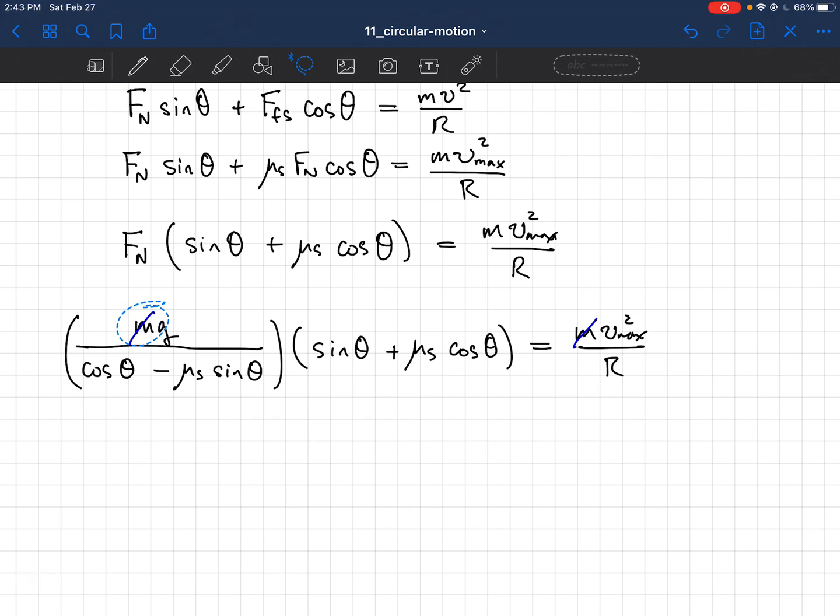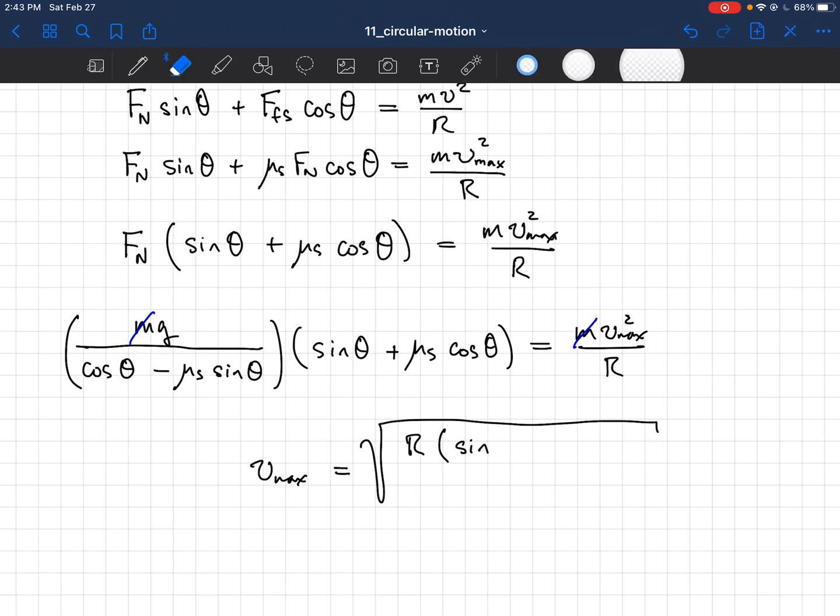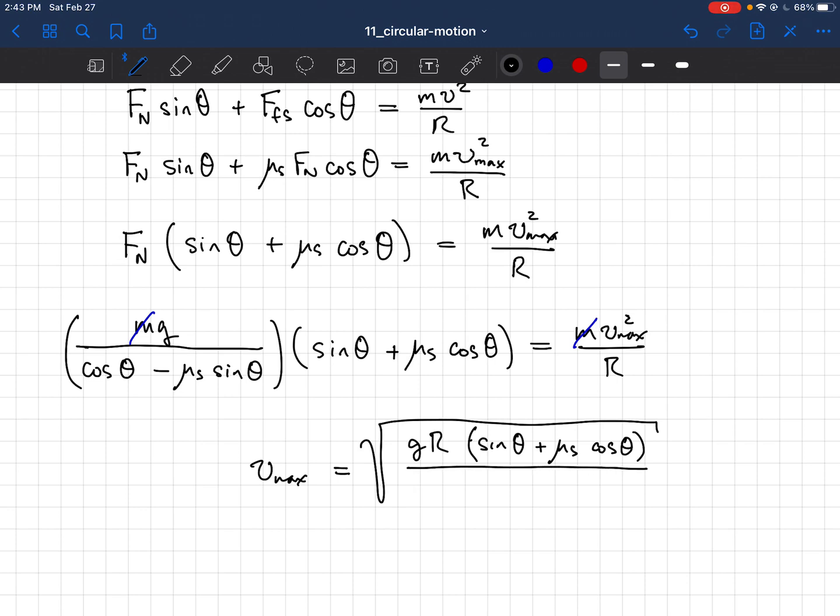So what is the answer? Well, let's do the algebra. Looking for v max, you just need to multiply both sides by r and take a square root. So we have v max is equal to the square root of g times r times the numerator, sine theta plus mu s cosine theta, divided by the denominator, which is cosine theta minus mu s sine theta.